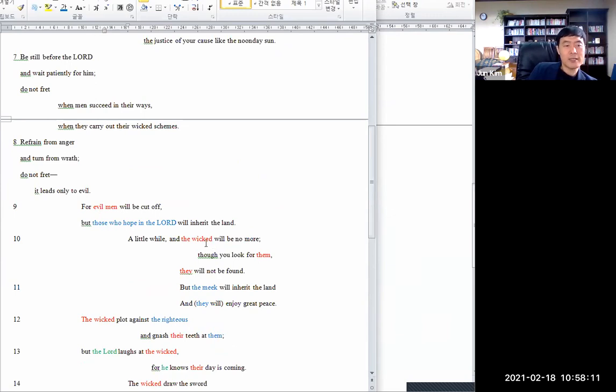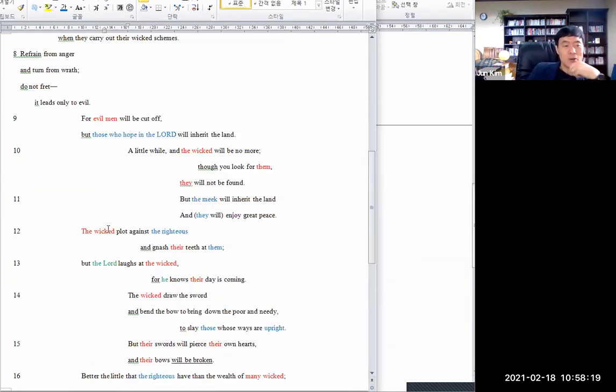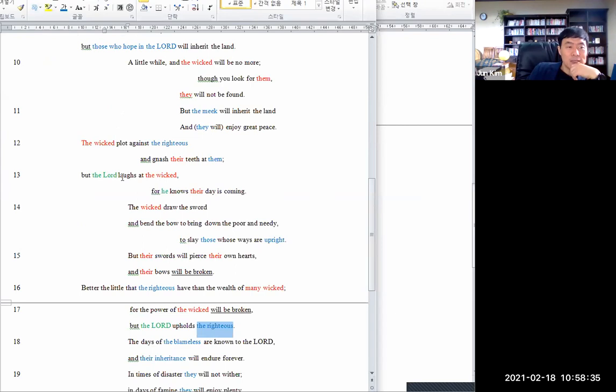All right? And then you can see that the third party, who is the Lord, is intervening, right? So I highlight the evil man in red, those who are waiting for the Lord in blue, and the Lord in green.